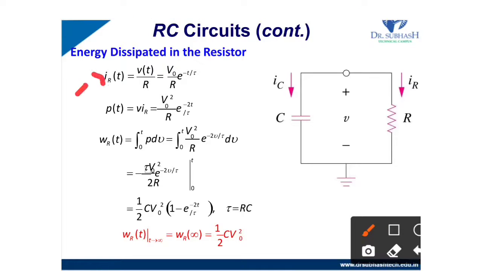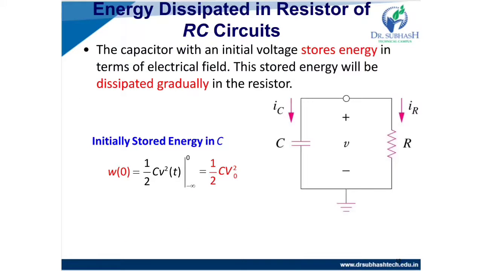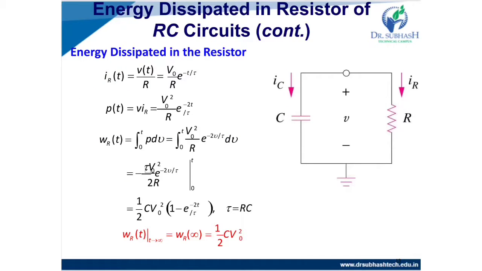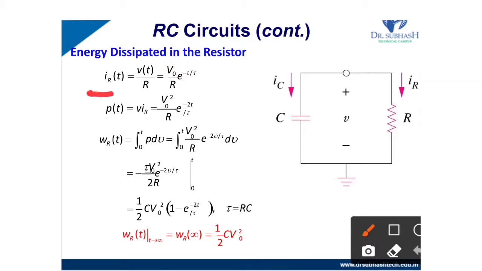Current iR of t equal to v of t divided by R, but we know v of t equal to v0 e raised to minus t by time constant, divided by R. So power of resistor, P equal to VI.